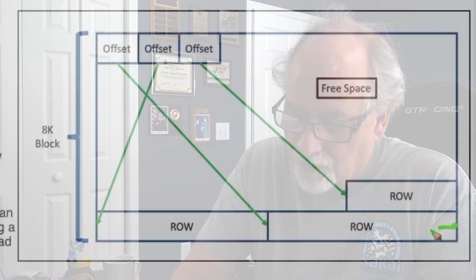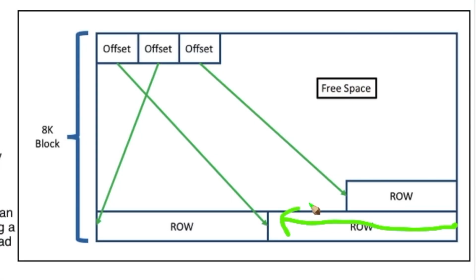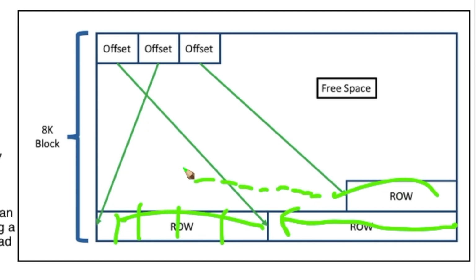But the basic idea is the rows are inserted into this block from the back to the front. Each of these rows has columns, some of varying length, and different rows have different overall length. Then you insert another one, and you insert another one, and the rows grow from the end of the block forward.